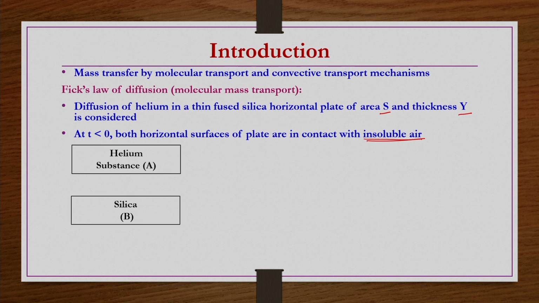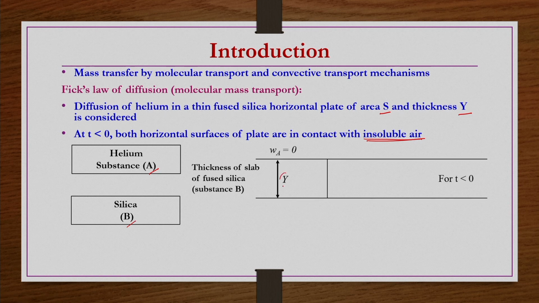So, initially we have the fused silica horizontal plate, and then the helium substance. Notation-wise, helium we call A and silica we call B, right. The thickness of this slab is capital Y. The coordinate system we are taking like this: horizontal is the x axis and vertical is the y axis.